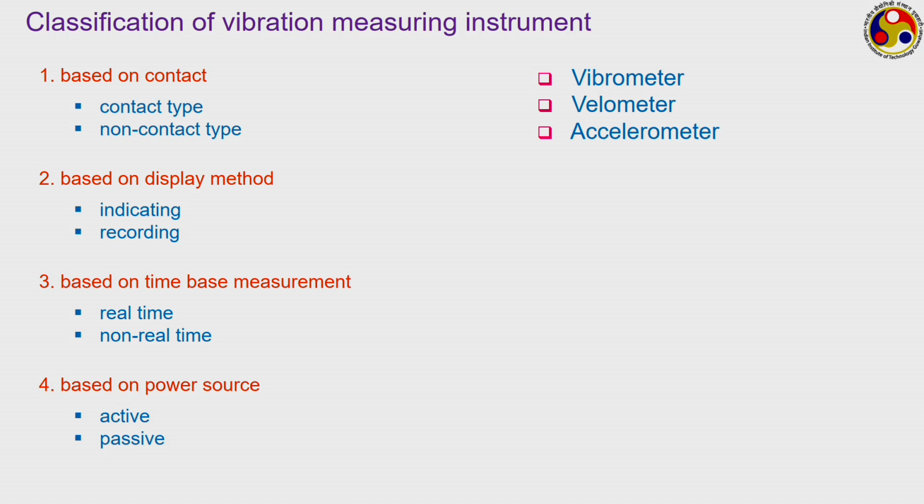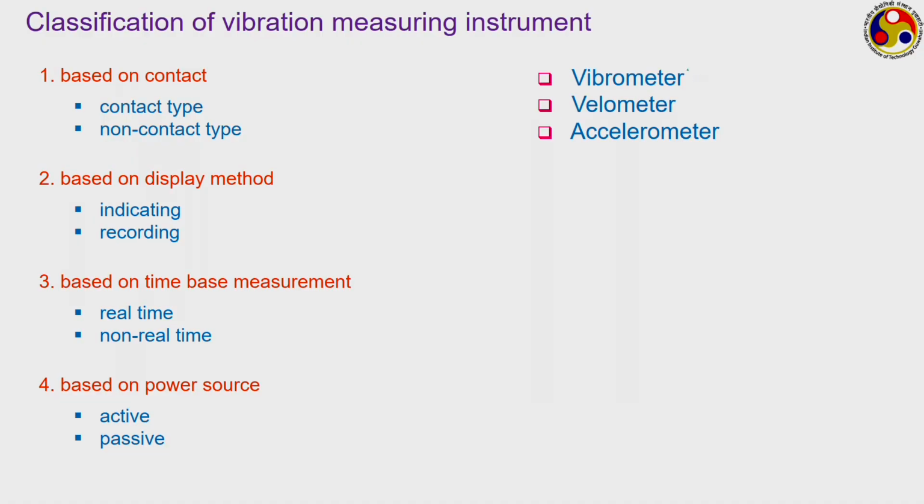Vibrometer is definitely a much more common name, and as I mentioned during the last lecture, we often assign the term vibrometer when we are looking to get velocity measurement. But truly speaking, the term vibrometer is assigned to the situation when our objective is not to measure velocity, but displacement.